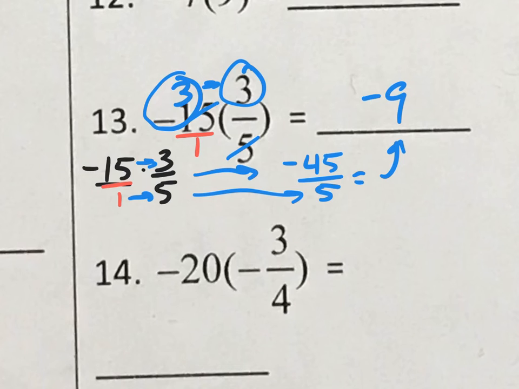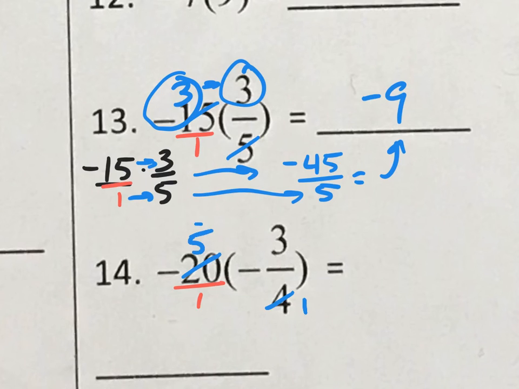Number 14, I could put the -20 over 1, and I really have 20 up on top, 4 on the bottom. That's like saying 20 divided by 4. What's 20 divided by 4? 5. And where's that 5 left over? On top, right? Because the bigger number 20 was up on top. So the 20 divided by 4, that's going to be a 5 left over. The 4 is just a 1 because there's nothing left.